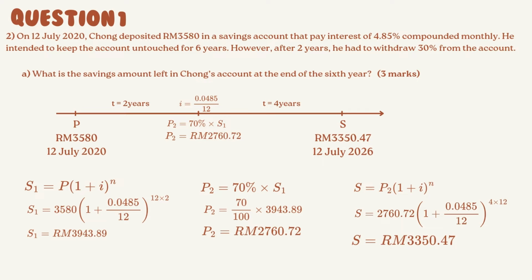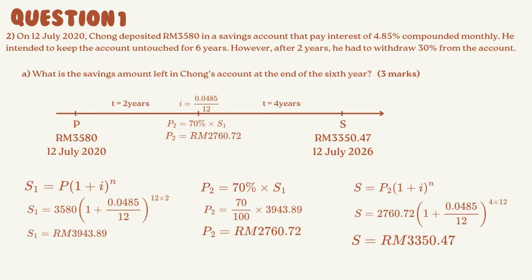Next, we need to find the future value for the first 2 years. After that, 30% was taken out, and the remaining balance will become the new P, so that we can find the value of S for the remaining 4 years.